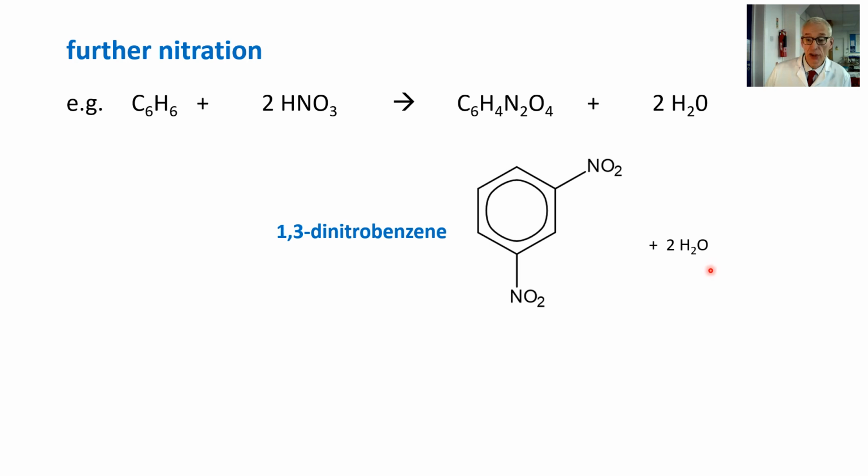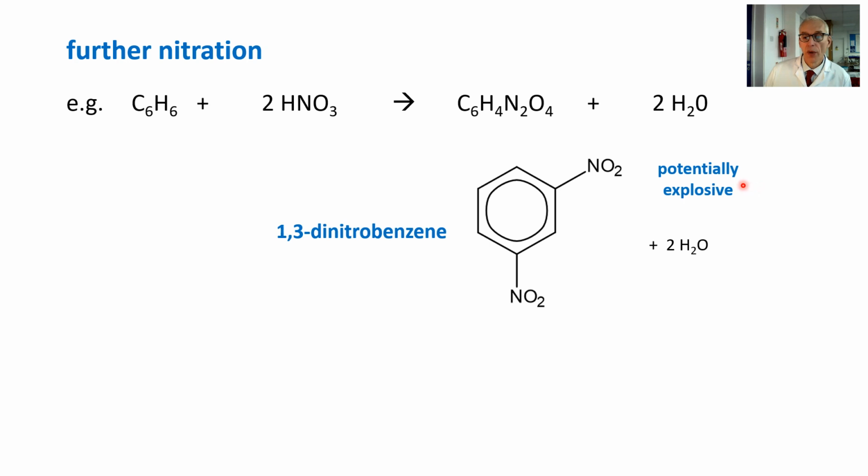Now, the difficulty or problem I need to highlight to you about 1,3-dinitrobenzene or other nitro derivatives is that they are potentially explosive. And you may have heard of TNT, trinitrotoluene, trinitromethylbenzene, a well-known commercial explosive.